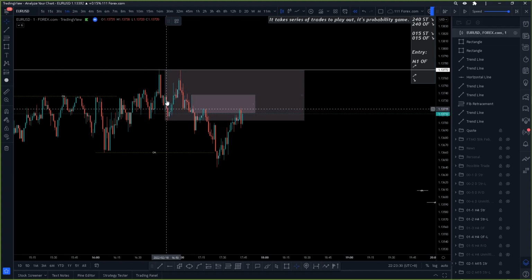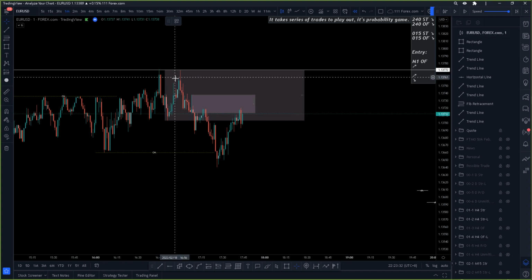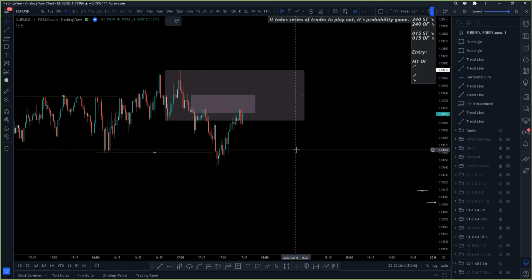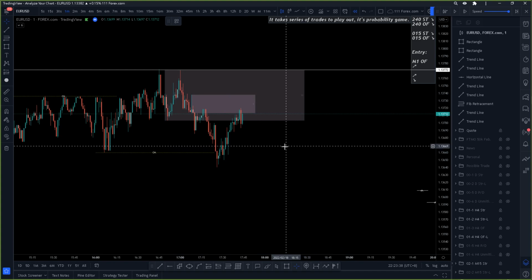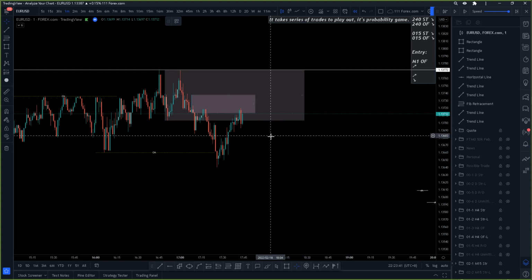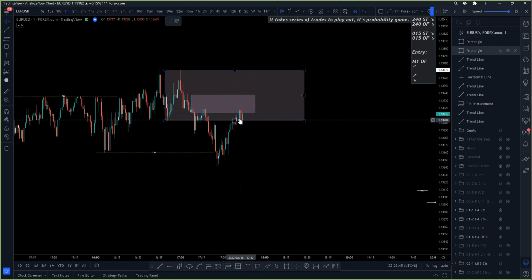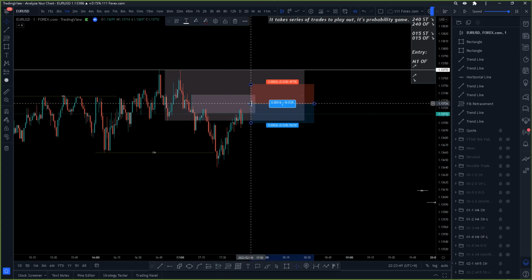Last demand, and then take out this. Here will be my better entry, I would say. Took this liquidity. Let me see.